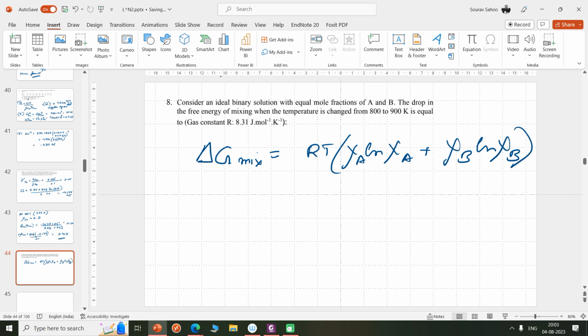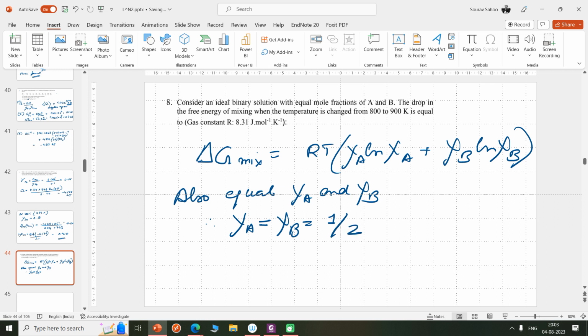Also given equal mole fraction, chi A is equal to chi B. Therefore, chi A is equal to chi B is equal to half. When they are equal and the sum of it is 1, so it has to be half, right?